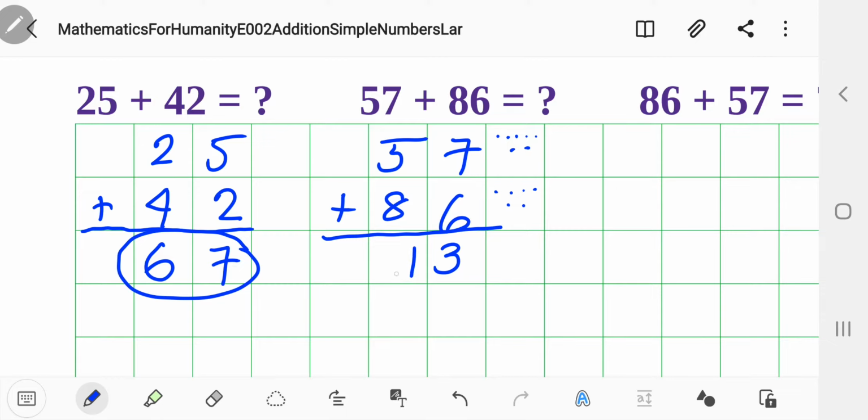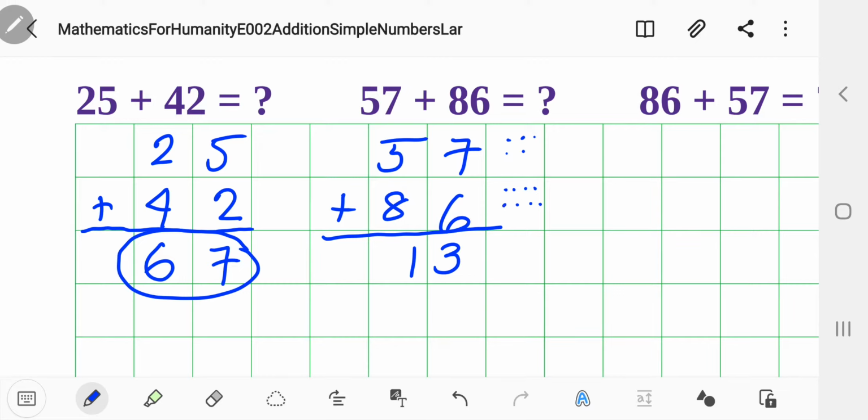Then what is 5 plus 8? 5 plus 8 you can represent by dots. So you have 5 and 8, and counting them all gives 13.